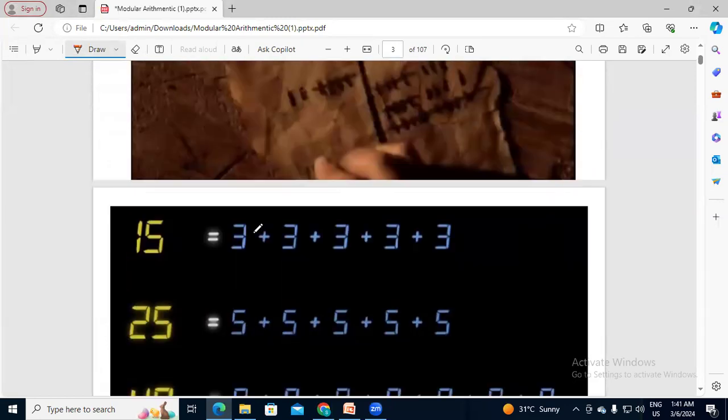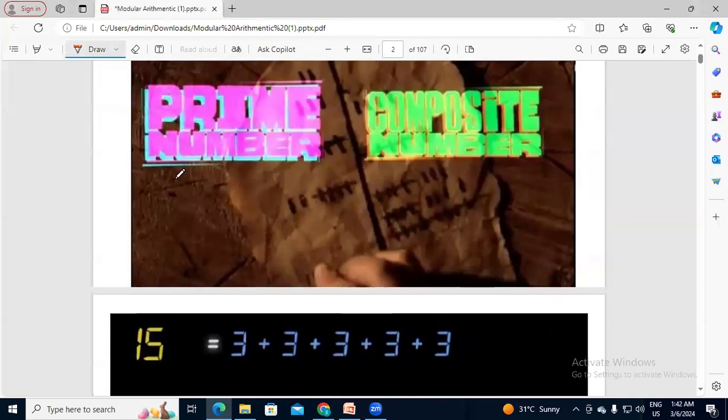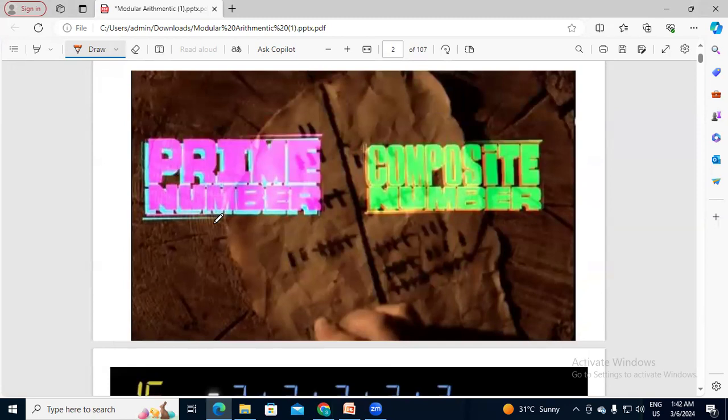Okay. So good afternoon, everyone. In today's lecture, we are going to learn about modular mathematics, which is the base for the major second category of cryptography, that is public key cryptography.